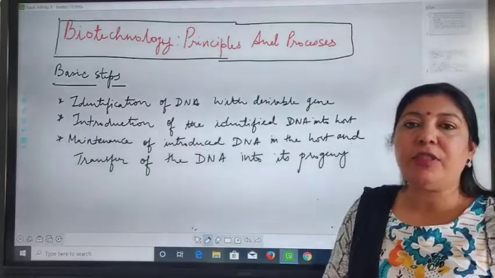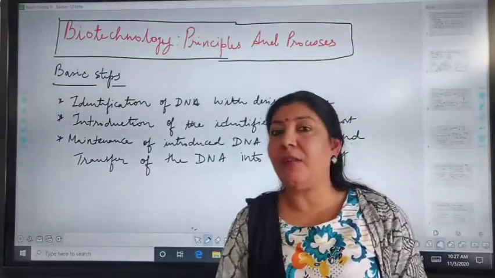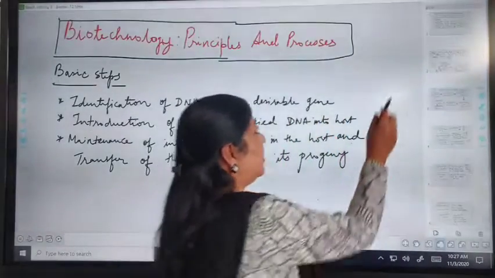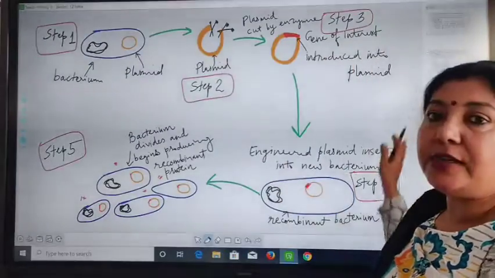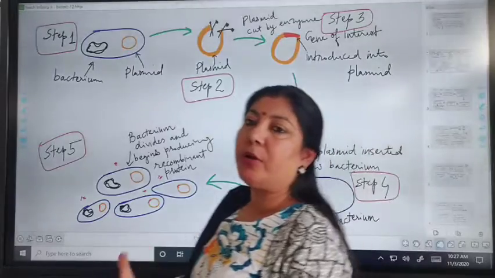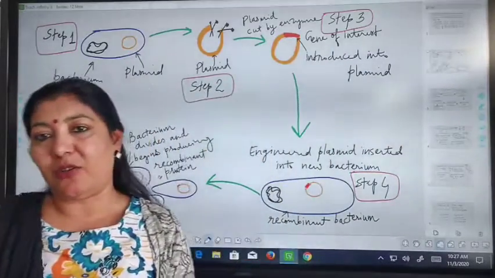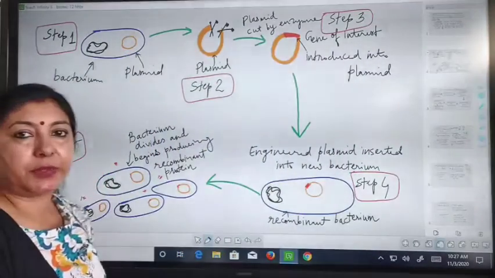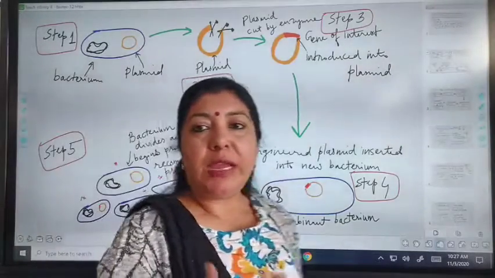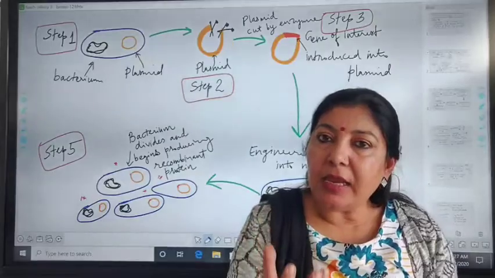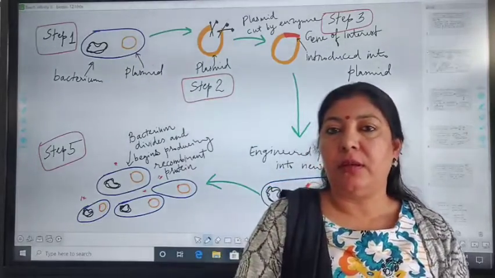Let's study that with the help of the diagram. This diagram is very important. So these are the different steps showing the process of rDNA technology. There are 5 steps. First step: first of all, we take any cloning vector.